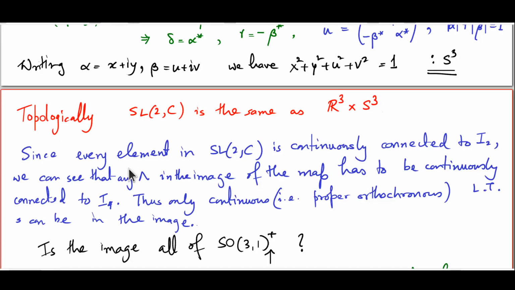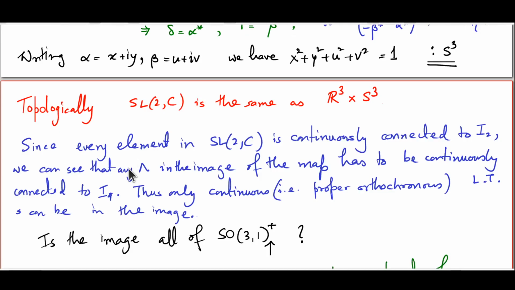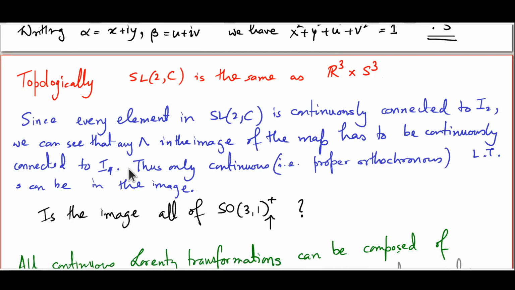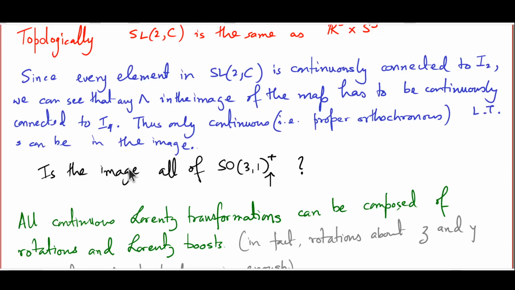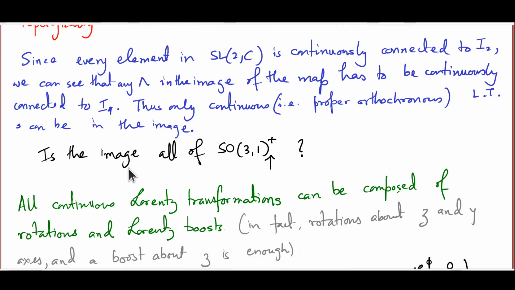To see this, all you have to realize is that every Lorentz transformation, every continuous Lorentz transformation, can be composed of rotations and Lorentz boosts. In fact, you don't even need all the rotations and all boosts. If you have rotations about any two perpendicular axes, let's say z and y, and a boost about the z-axis, that's enough.